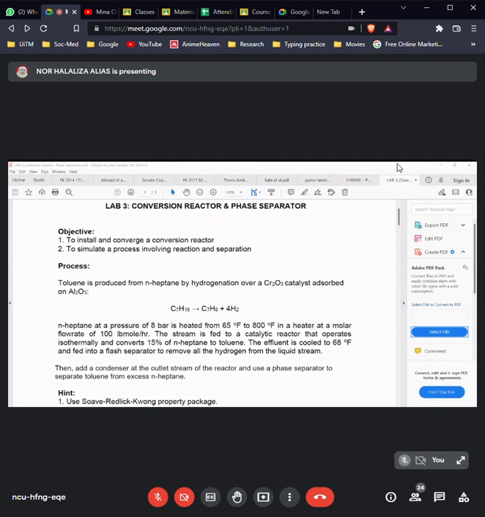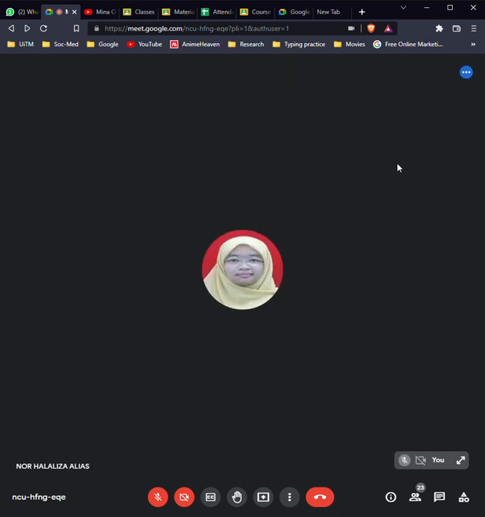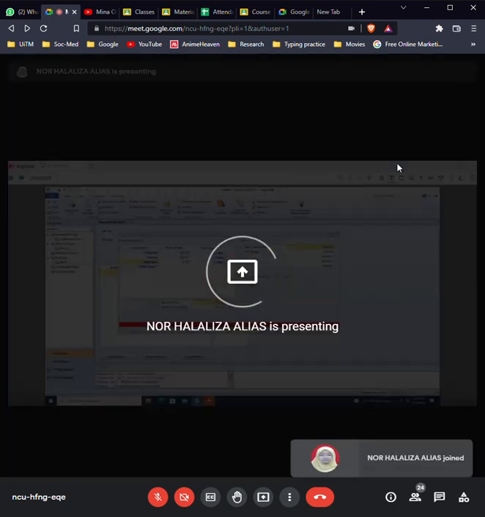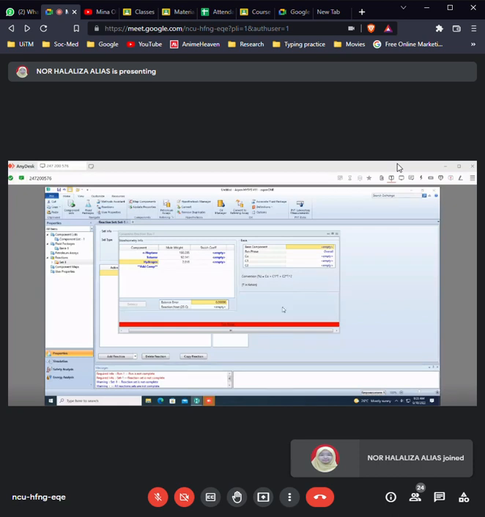Kalau equation tu tak balance memang akan salah lah, nanti dekat total balance akan salah. Nanti dekat balance error ni dia akan dapat salah. Okay. Dia jawapan kat sini mesti 0 lah.